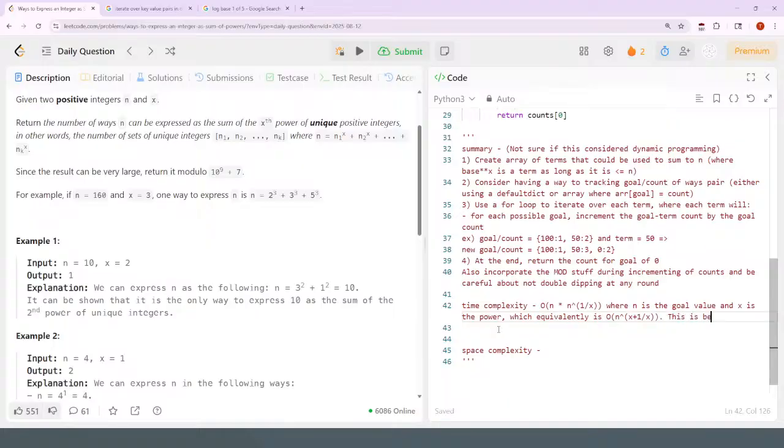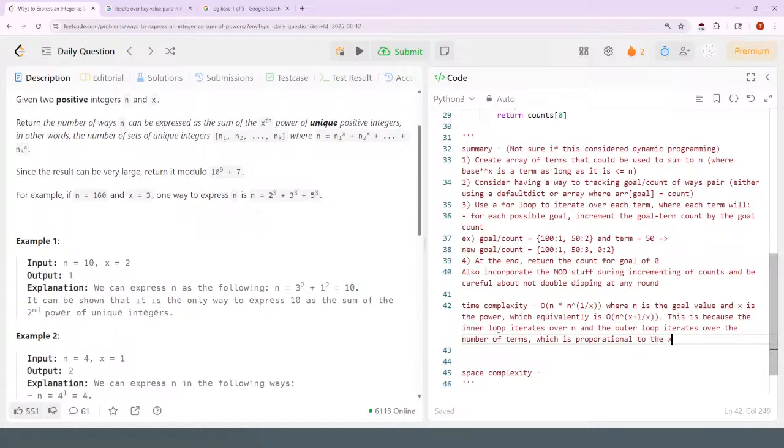This is because the inner loop iterates over n, and the outer loop iterates over the number of terms, which is proportional to the xth root of n, which is the same as n to the power of 1 over x.